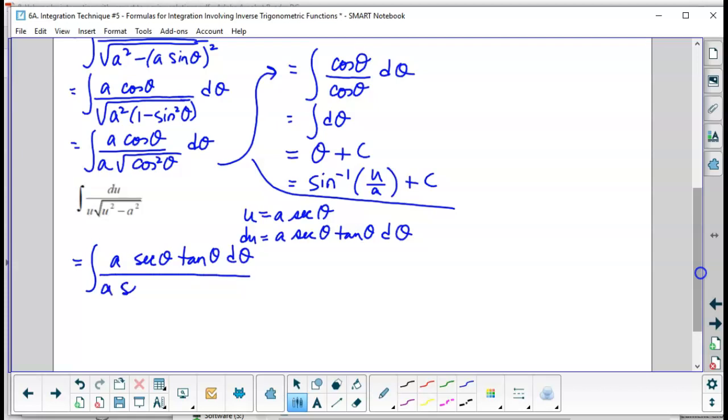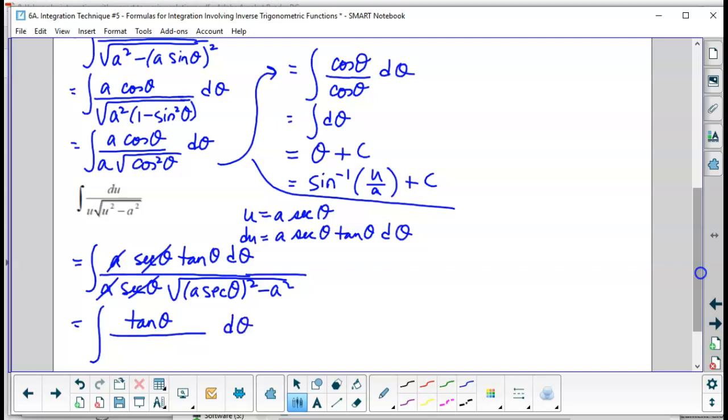U is a secant theta, square root, u squared minus a squared. Okay, well, you can divide those out right away. So tan theta, I'm going to put d theta at the end. Then I'm going to have here a squared and then secant squared theta minus 1.